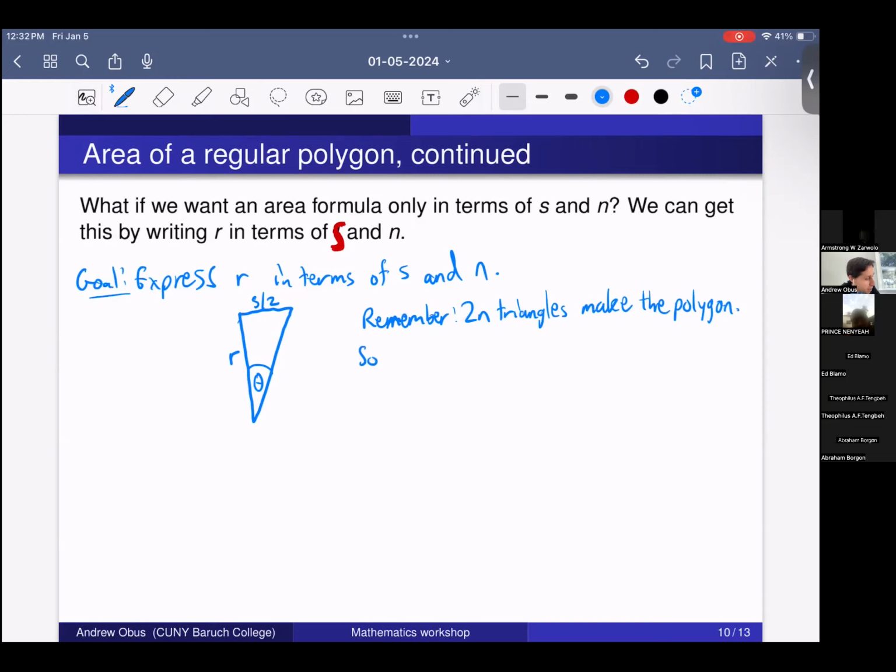So in fact, theta is just equal to 360 degrees, which would be the full circle if we put all of these triangles together, and there's 2n of them. So theta is just 360 degrees divided by 2n, or in other words, 180 degrees divided by n.